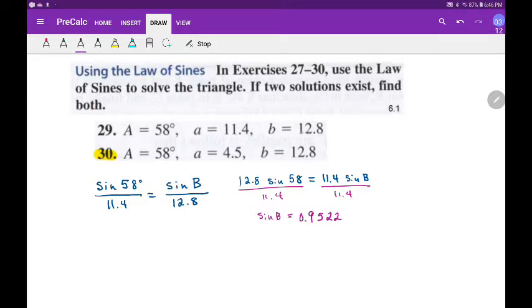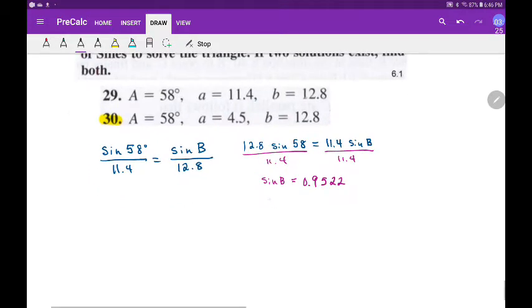Okay, so arcsine time. Oops, I hit arctangent. Okay, go back. Arcsine is 72. So it's very possible that B is equal to 72 degrees and 2/2100ths of a degree.